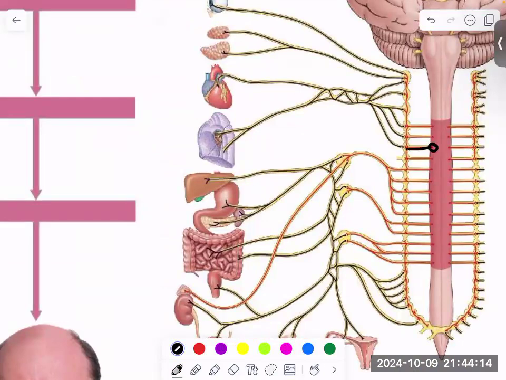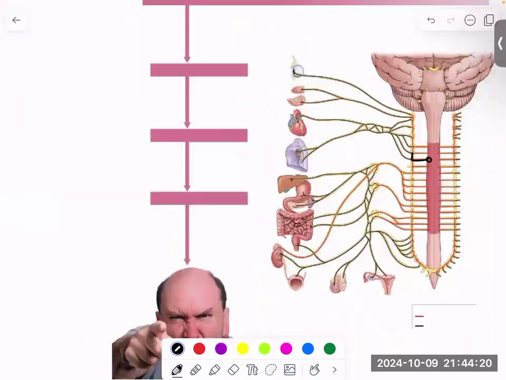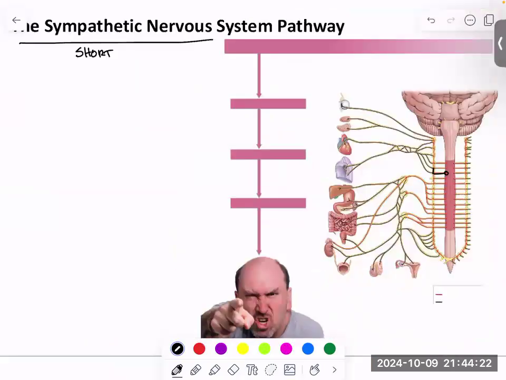The preganglionic, those neurons in red, are short. Sympathetic means the preganglionic, the first neuron that leaves the spinal cord. The preganglionic neuron is short. So here's the neuron. It leaves the spinal cord. It is short.